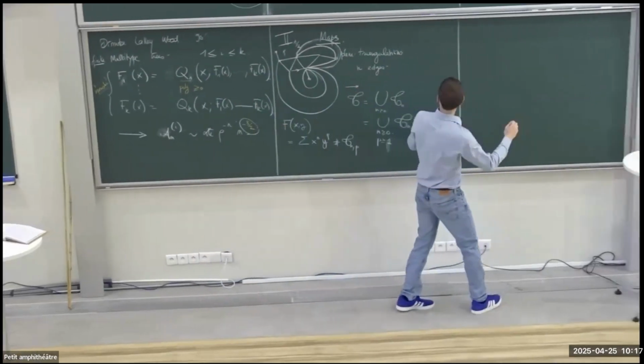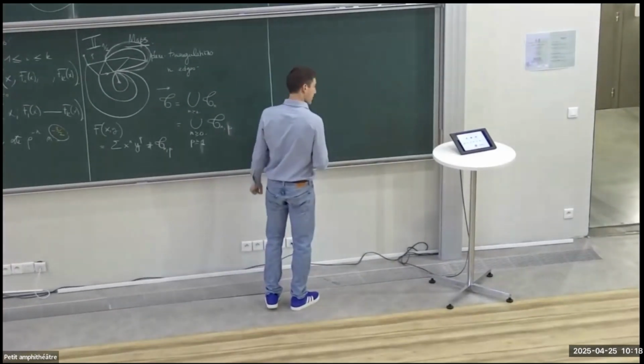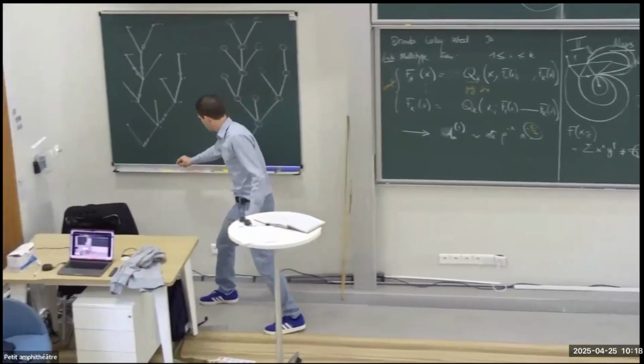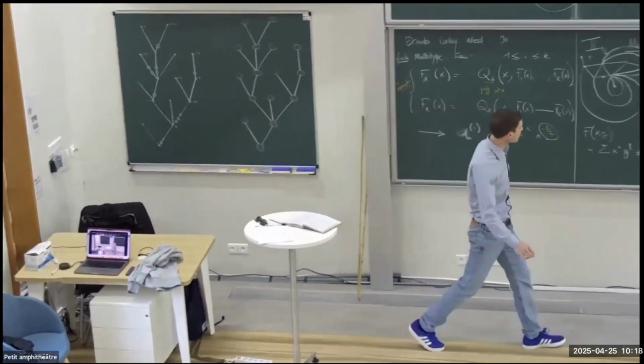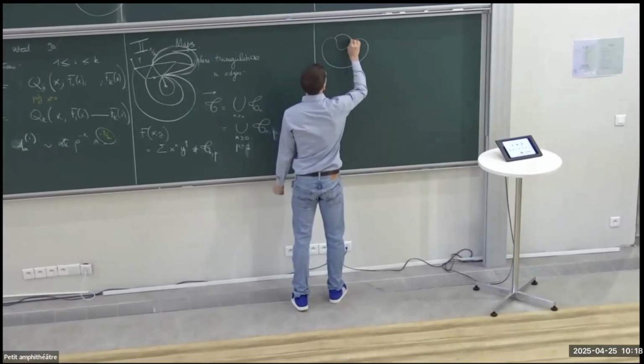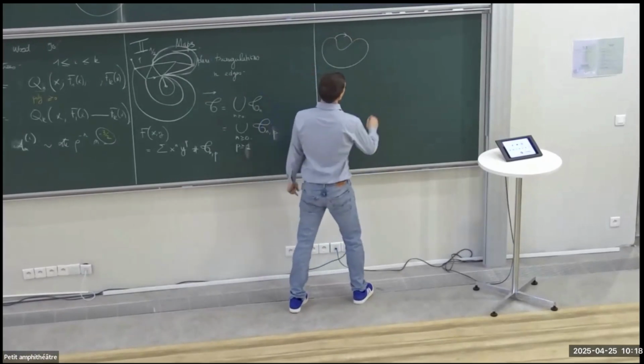So let me just very quickly, if you have never seen that, it's quite complicated to follow. And if you know, then you know by heart. So the decomposition is, when you have a triangulation like that, you look at the root edge and you remove the root edge.